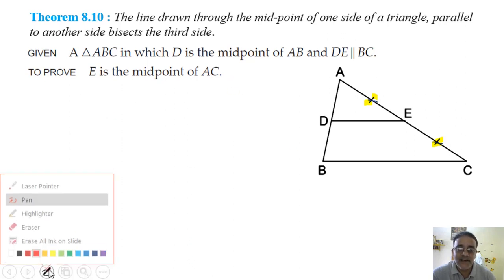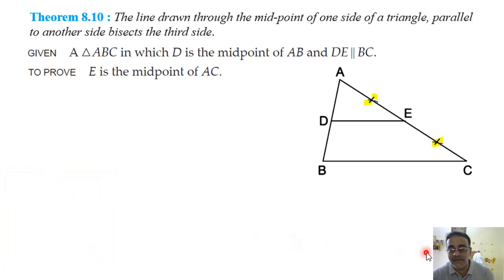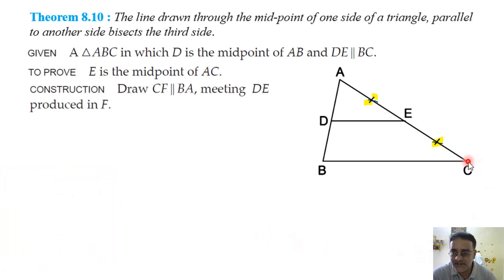Yes, sir. And we are doing the same construction as in the previous theorem. Look carefully. Now see, DE is parallel to BC is given. That means DF is parallel to BC, and BD is parallel to CF by construction.